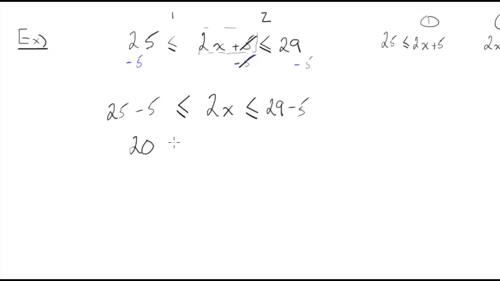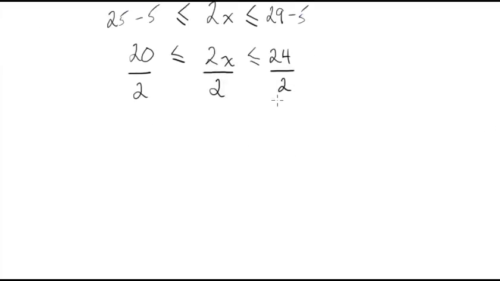So that's 20 less than or equal to 2x less than or equal to 24. Now divide the middle by 2. So you have to divide all parts of the inequality by 2. So you're going to have 10 less than or equal to x less than or equal to 12, meaning x is bigger than or equal to 10 and smaller than or equal to 12.